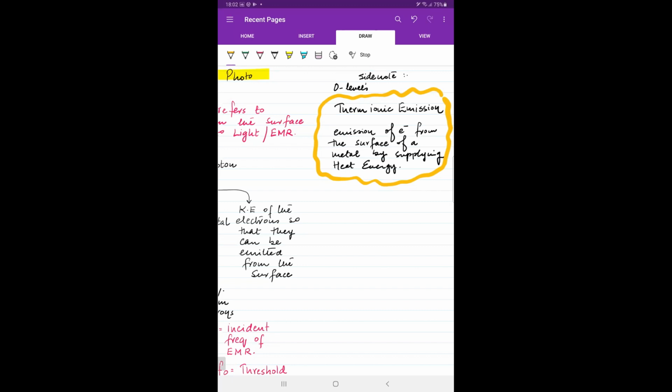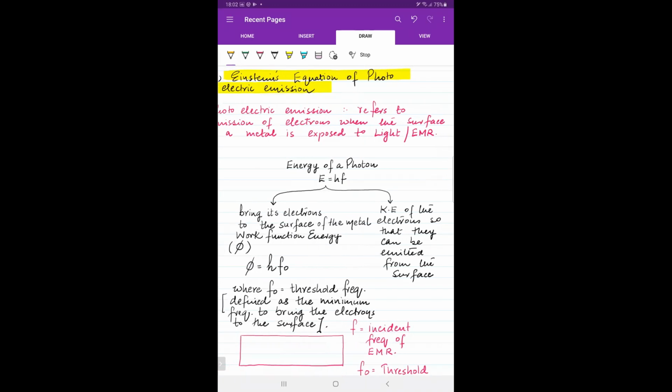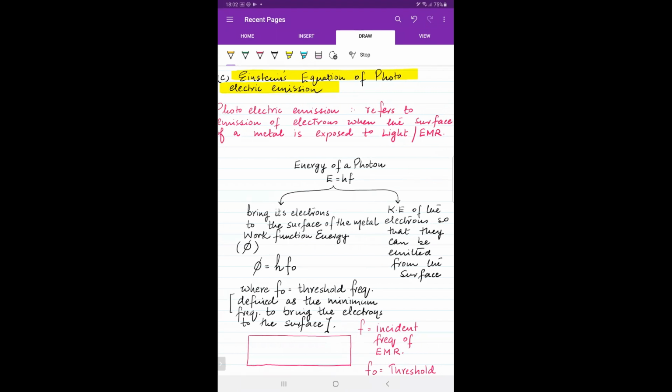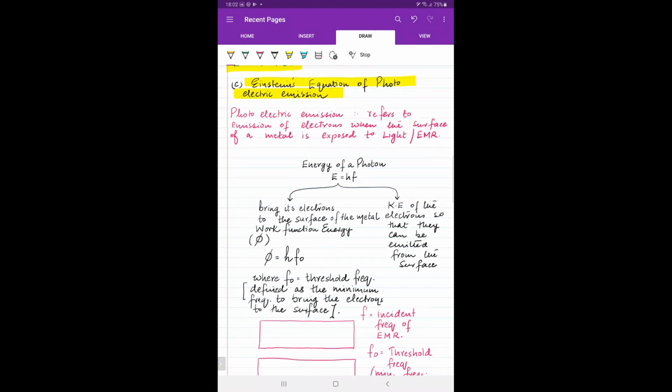So based on this idea, Einstein established the fact that if we can make electrons be emitted from the surface of a metal with the help of heat, then photo, coming from the word light, hence photoelectric emission, referring to the idea that emission of electrons can take place even when the surface of the metal is exposed in front of light energy, or in short, electromagnetic radiation.